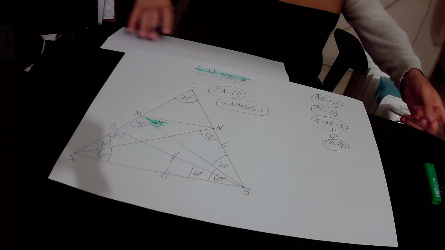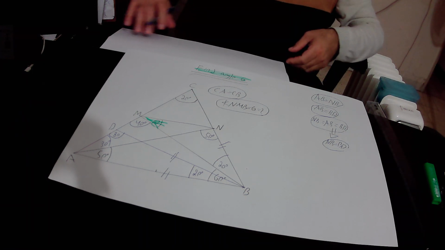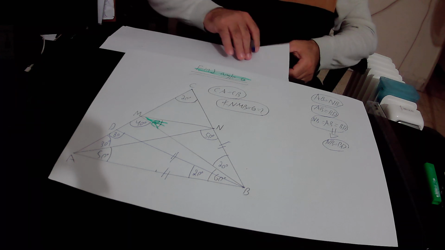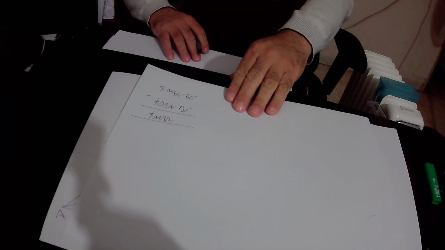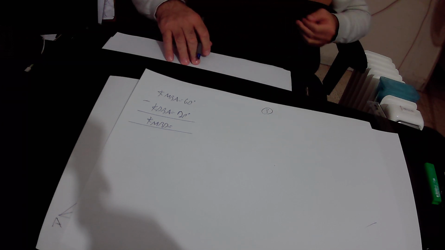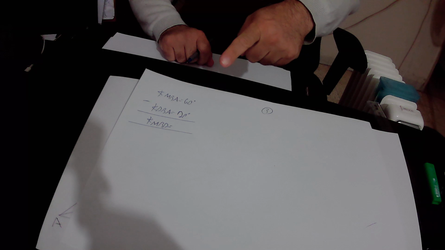I repeat again. The big angle MBA, equal to 60 degrees in size, minus the small angle DBA, equal to 20 degrees in size, must be equal to the missing angle MBD. So 60 minus 20 is 40.